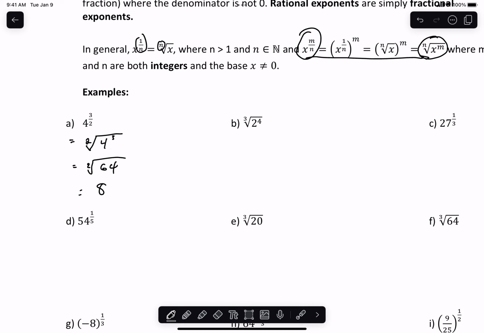Let's just think about what happened from the 64 line into the 8 line. How did I get from 64 to 8? Square root. You see what I'm saying? That's why it's called the square root.